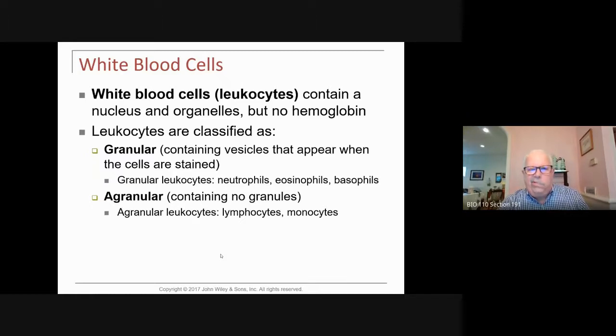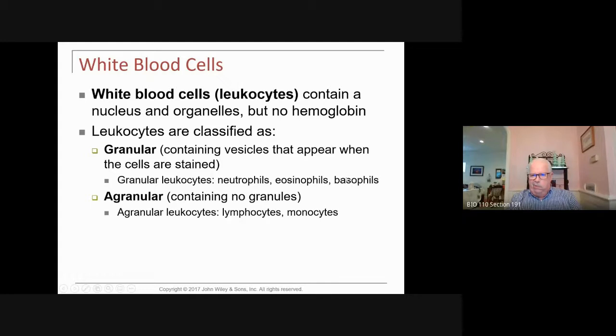There are two types of classification of leukocytes: granular, containing vesicles that appear to be stained in their plasma, okay? Eosinophils have granules that are red. Eosin means red. Basophils have granules that are blue.